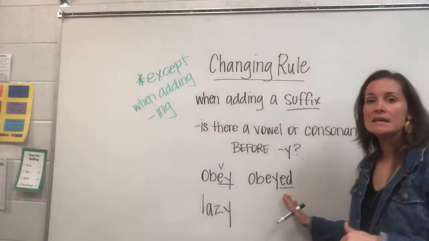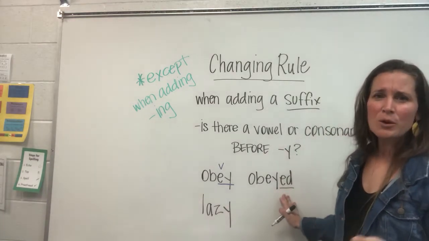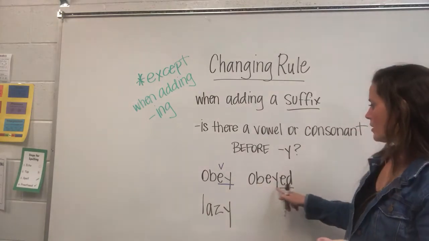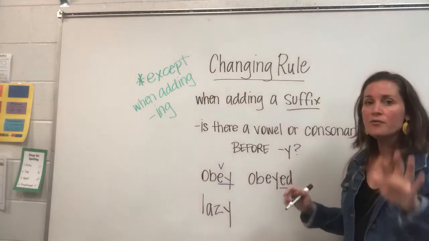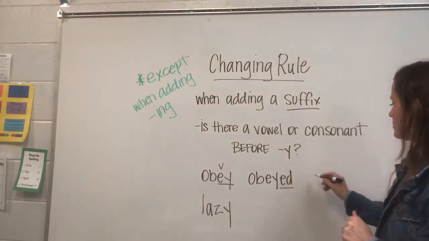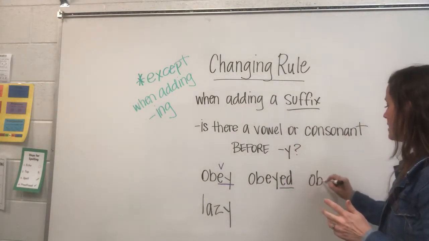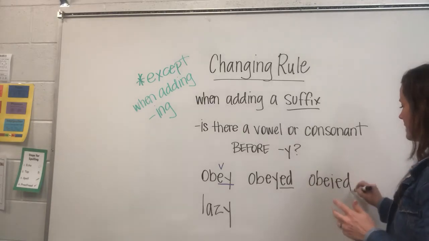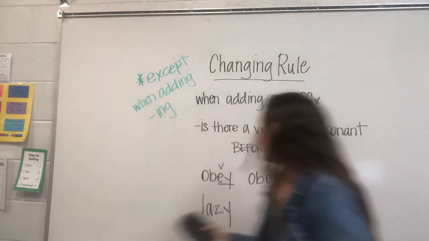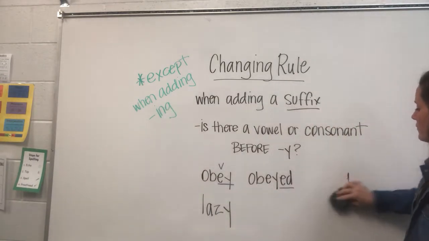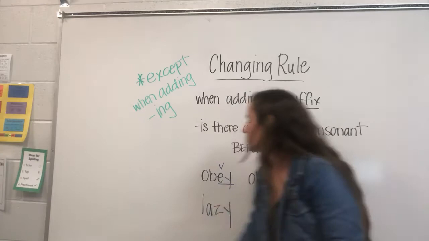Here we added an ED. Now this might look funny because there are a lot of vowels right in a row, okay? But we still follow the rule, because if we were to do this incorrectly, it would look something like this. And we do not want this. This is wrong. So we want to keep that Y if we have a vowel before it. Okay? So let's look at our next one.